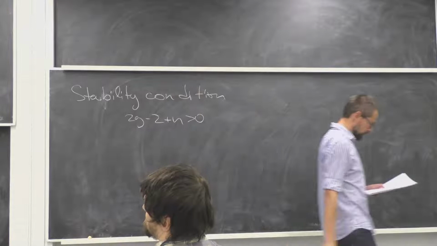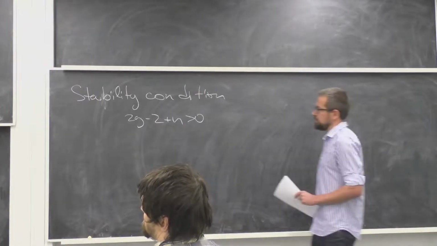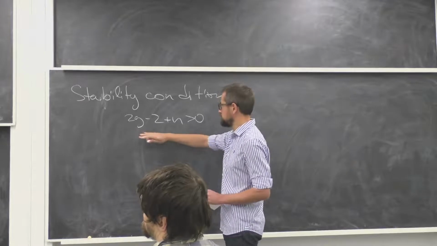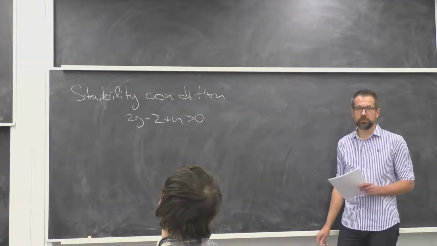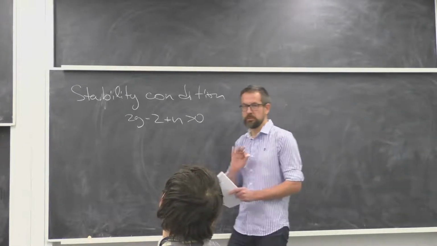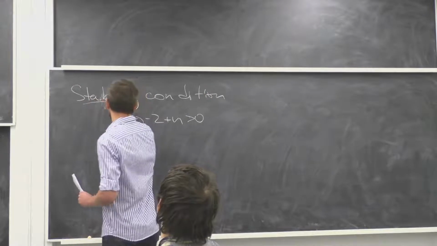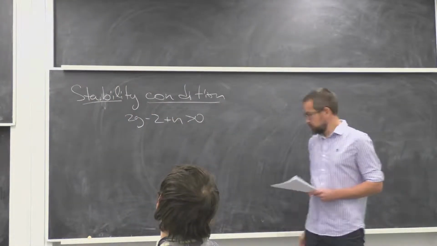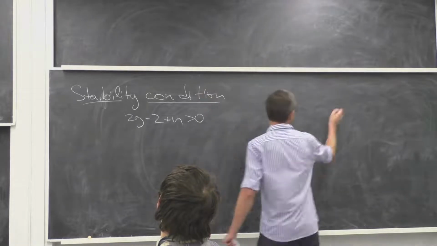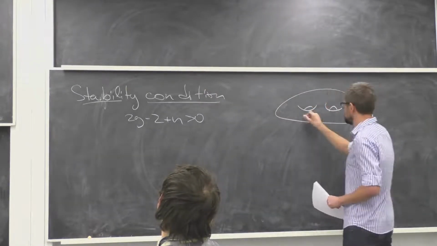Today I will consider several types of sums over the indices g and n, and I will always assume that this stability condition is satisfied. If it's not satisfied, the contribution just vanishes. There are no unstable contributions. And so we have curves of genus g with n marked points.